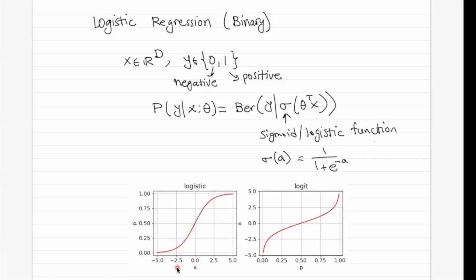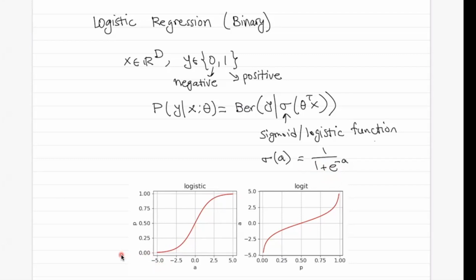So here we are plotting this from -5 to 5. We see that as a goes to positive infinity, this function approaches 1 since e to the negative a goes to 0. Similarly, when a goes to negative infinity, then we have a large positive number in the denominator, so 1 over a large number gets closer and closer to 0.